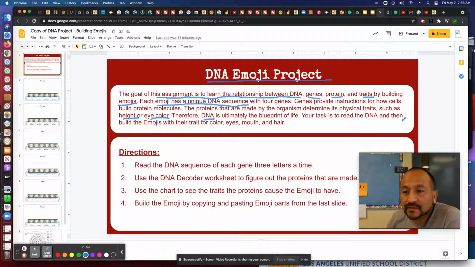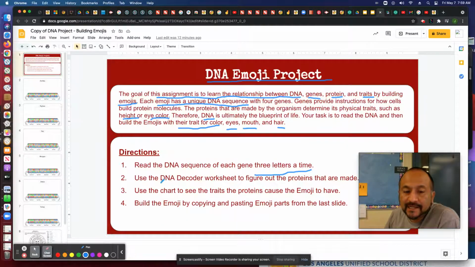Your task is to read the DNA and then build the emojis with their trait for color, eyes, mouth, and hair. So we're going to read the DNA sequence of each gene, 3 letters at a time. So it can be a little tricky. It took me a bit to figure out how to do this, but once I figured it out, it was really fun.